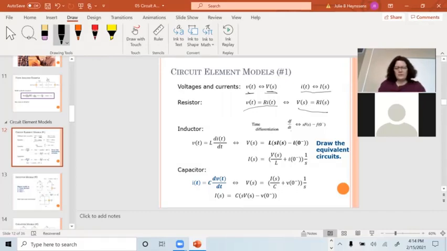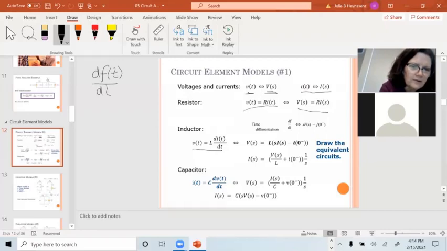Now, the way we get to capacitors and inductors is we start with a basic equation for an inductor. So V of t is L di dt. And I go over to my little Laplace worksheet. And what I find is the Laplace transform of the derivative of a function in t is simply s times the undifferentiated function.